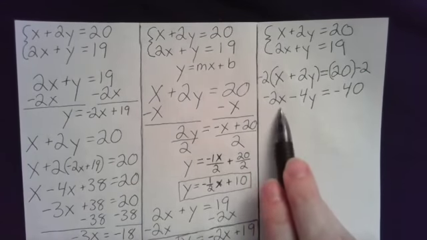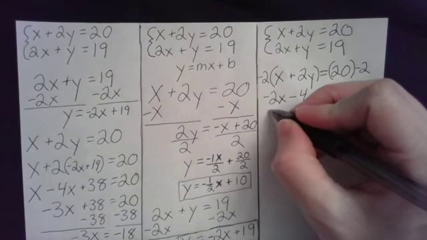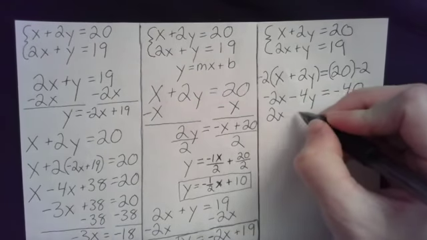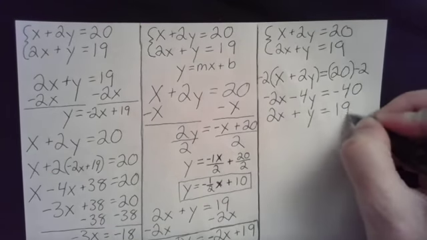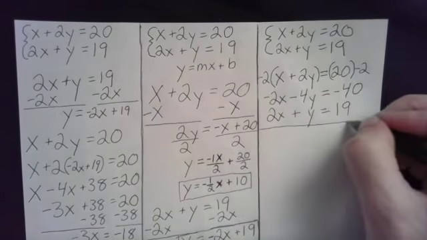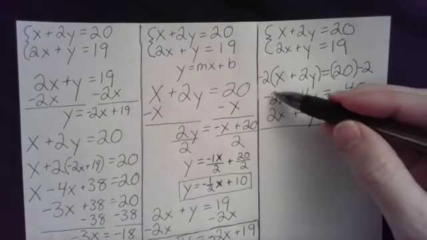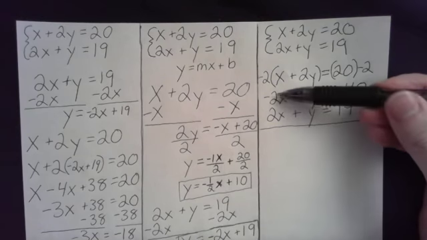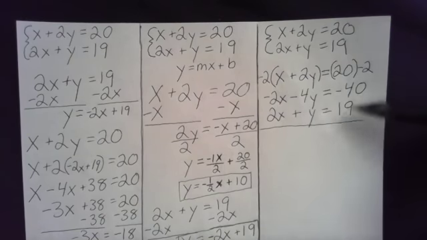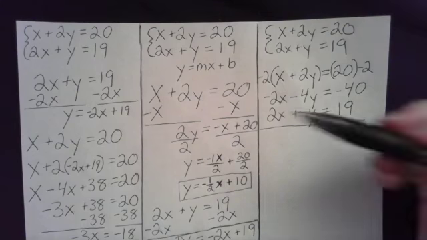Now I have the opposite coefficient, so I'll go ahead and just rewrite the second equation. And now I'll add these two equations because all of my like terms are lined up in columns.